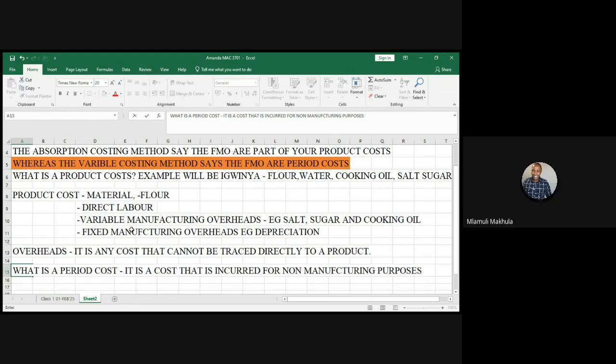Then the variable costing method will say, if you want to value the cost of your services, you don't have to include rent, in the sense that your rent will remain constant for the entire year. Rather treat rent as your period cost instead of treating it as your product cost. Are you with me, Amanda? Okay. So let me show you.